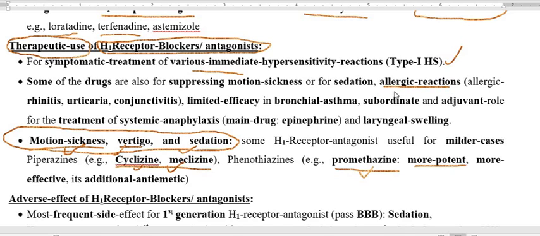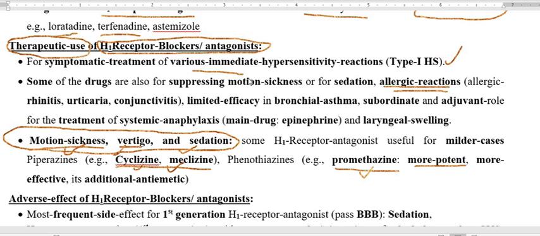So when an allergic reaction is occurring, we use this drug very much as an H1 receptor blocker, antagonist or inverse agonist, that is going to inhibit the allergic reaction.